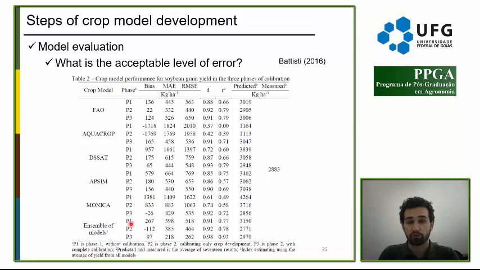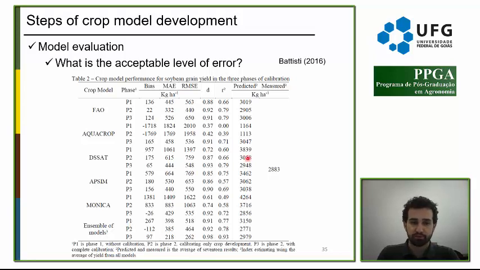We don't know. We need to find out if this error is acceptable for us, based on what we want to evaluate. We need to look at other studies that evaluate the same model or a different model, and based on this information you can determine if your model is good enough for the purpose that you are developing.